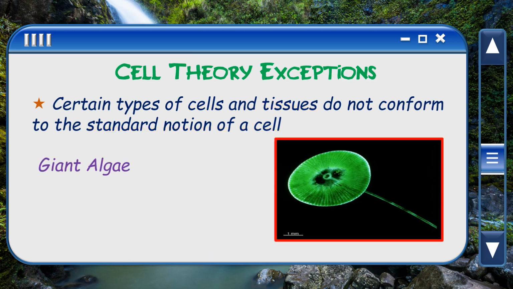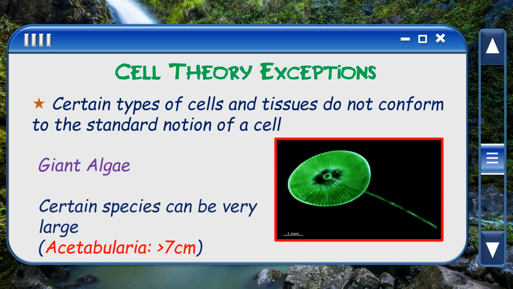A giant algae. Now, certain species of giant algae are very large. Yet we know that a cell is the smallest unit of a living organism.